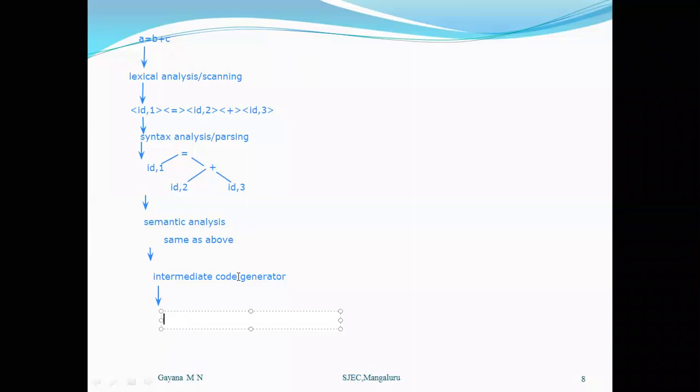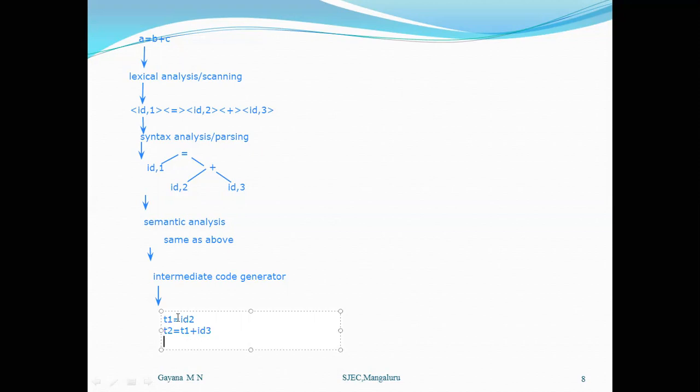Okay. So initially you are going to perform ID2 plus ID3, correct? So this can be written as T1 equal to ID2, fine. And next, essentially you're going to perform T2 equal to T1 plus ID3, addition takes place.